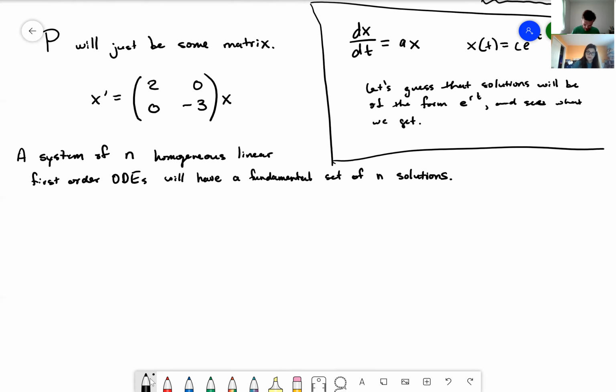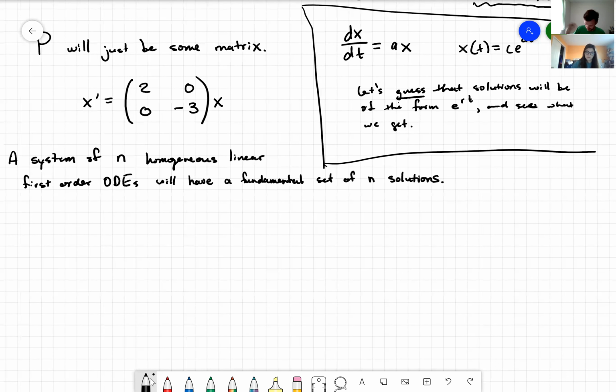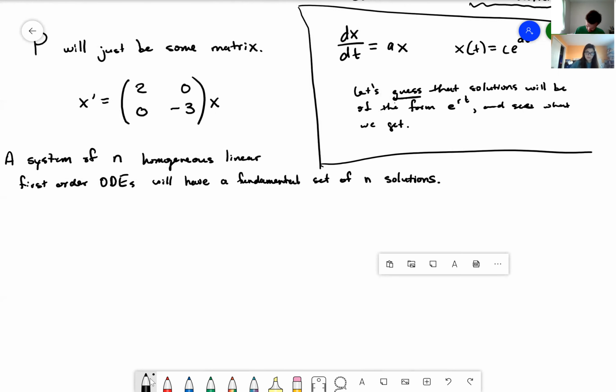So if we can guess that the solutions are of a certain form, and then we get the solutions, then we know that we've guessed correctly. We've got it right.